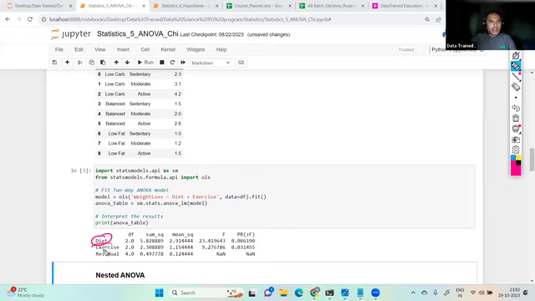So for diet and exercise, we'll understand. We are interested in the p-value. This is the F score, we don't want this. The p-value, if you use only diet.